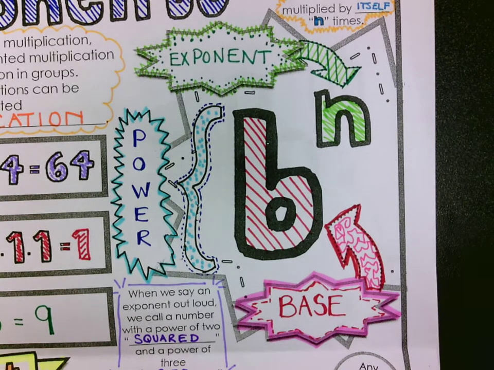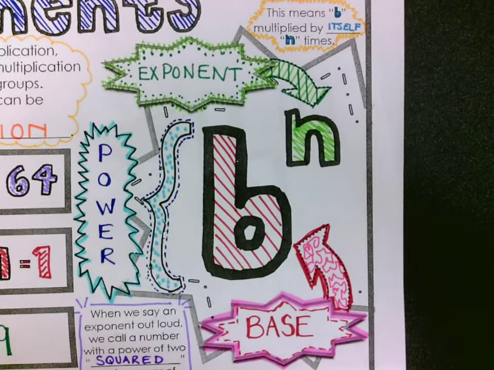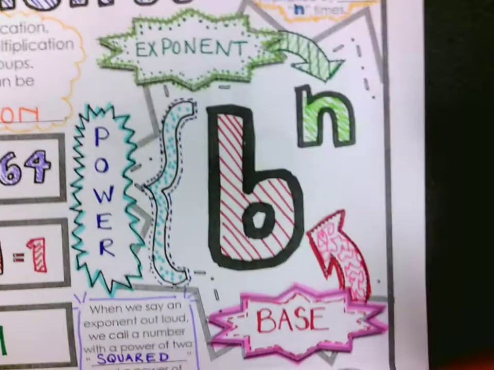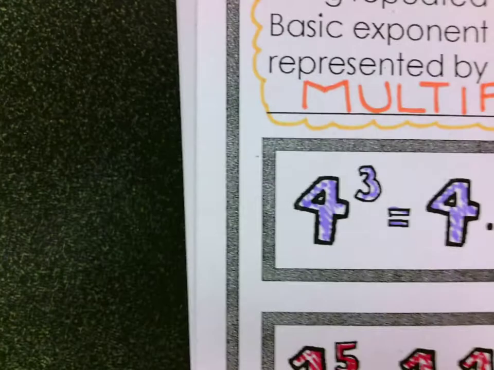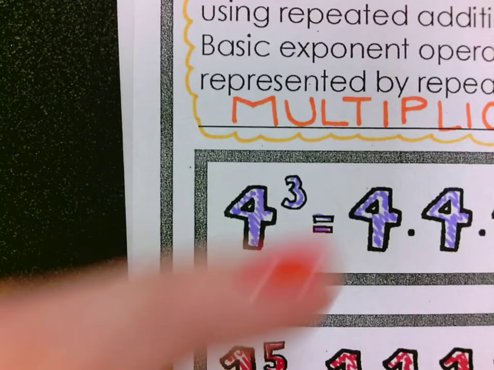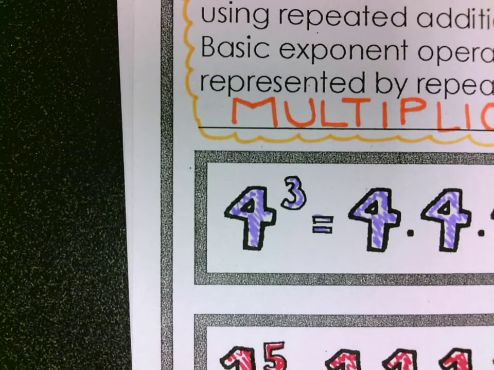Over here on the left, they have given us some examples of what an exponent means. They tell us that 4 to the 3rd power means that we're going to have our base 4, and the exponent tells us how many times that base will appear as a factor in our product.